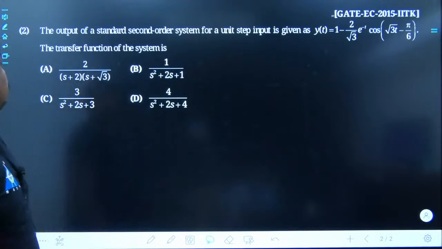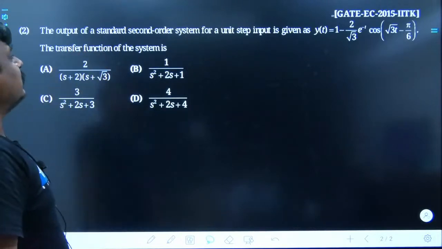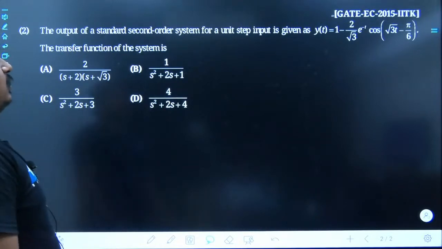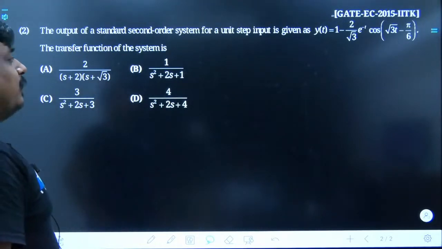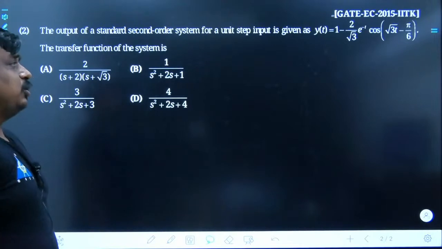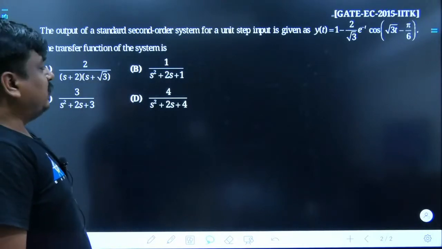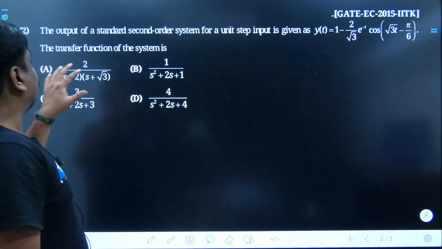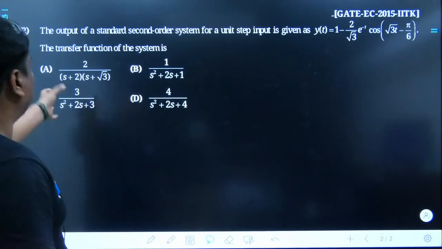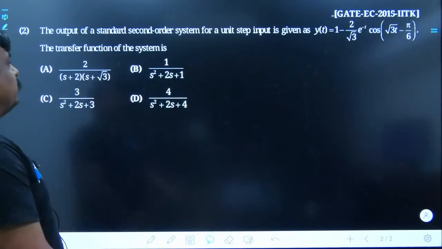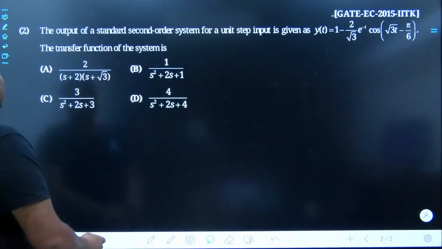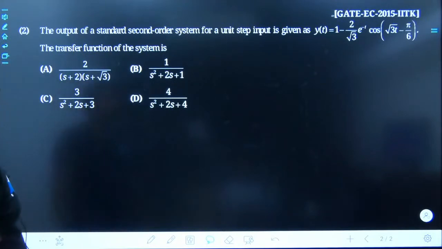The problem says the output of a standard second order system for a unit step input is given as y of t equals 1 minus 2 divided by root 3 e to the power of minus t cos within the bracket root 3t minus pi by 6. The transfer function of the system is, and 4 different options were attached, type MCQ. Option A is 2 divided by s plus 2 multiplied with s plus root 3.